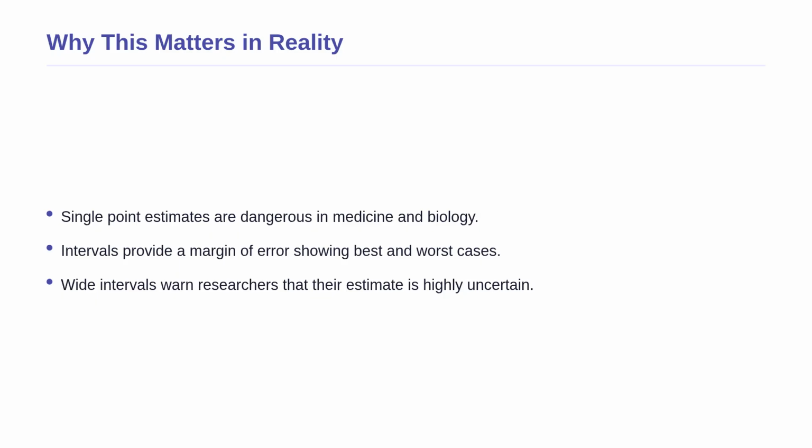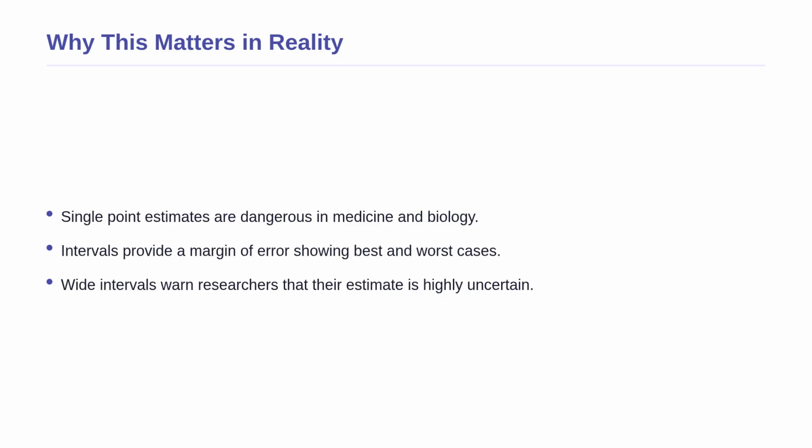The confidence interval provides a margin of error, showing the best case and worst case scenarios for the drug's true effect. If the interval is very wide, it warns researchers that their estimate is highly uncertain, and they might need a larger sample size before approving the drug. It is the ultimate tool for expressing scientific uncertainty.